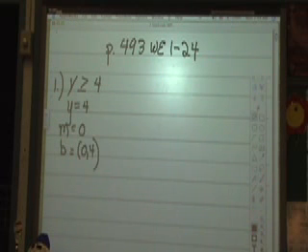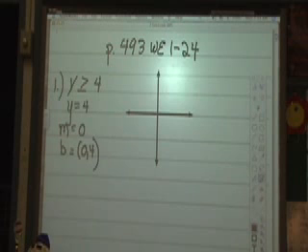Okay, so draw your coordinate plane. Okay, Meg, so put a point where? At 0, 4. And then the slope tells you to move 0 up, 1 to the right. Well, actually, just draw a horizontal line.